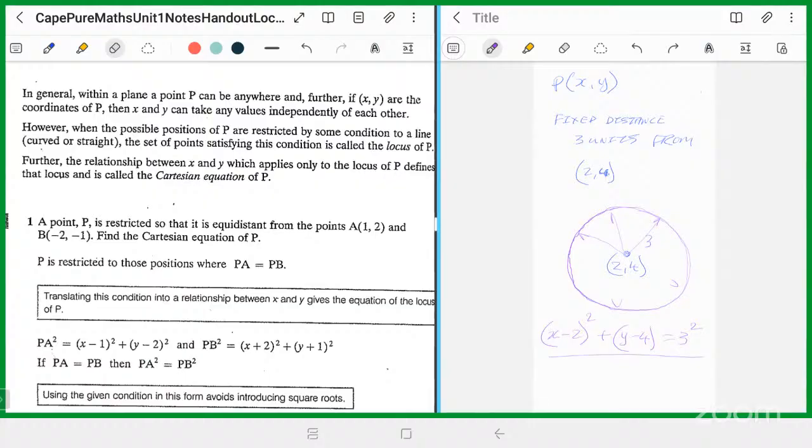What you generally do is call the point that you want the locus for P(x, y), and then apply what they have said here. All we would do is a calculation such that the distance between this point and this point is equal to 3 units, and you would end up getting this equation. Let me show you how.